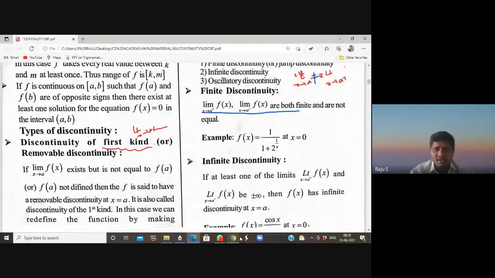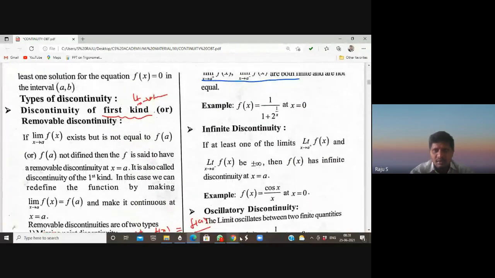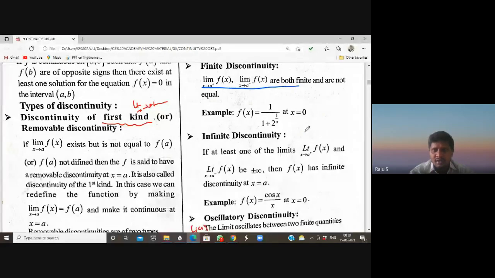An example is given clearly, you can go through that. We have to find a minus and a plus. A minus is nothing but 0 minus. At 0 minus, 2 power minus 1 by 0 gives 2 power minus infinity. When you take 0 plus, you get 2 power plus infinity.